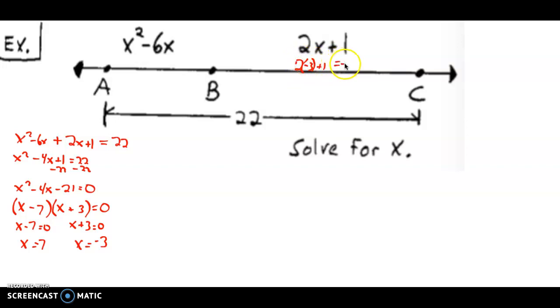That means segment BC is a negative 5. That can't happen. So x equals negative 3 is not a good answer for our situation. If we put x equals 7 into our two segments, it's fine. So x equals 7 is our one and only answer. That's the segment addition postulate. Thanks.